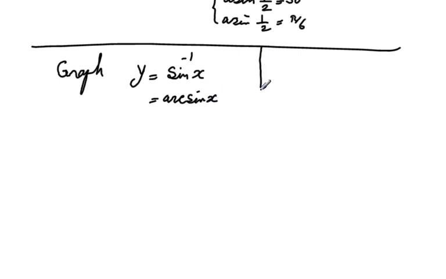Graphing these functions turns out to be actually very easy if you remember what the original function was. Original function was y is equal to sine of x. This is the inverse of that. We are going to see that there is a simple procedure to go back and forth between the two of them. Let's make a table for this guy.